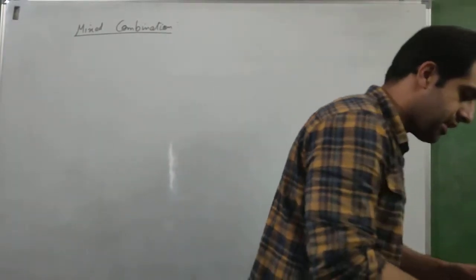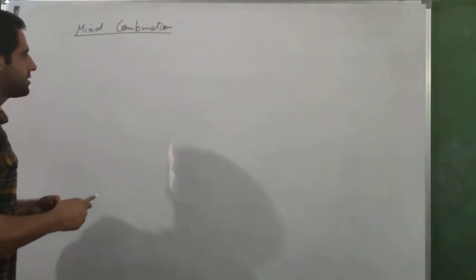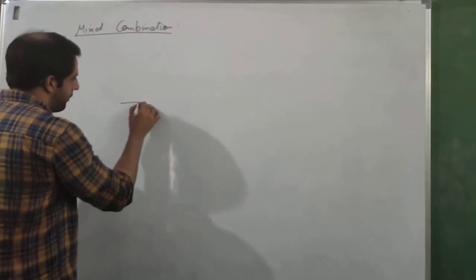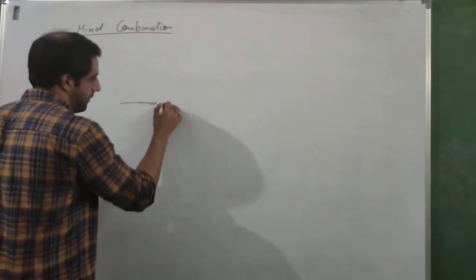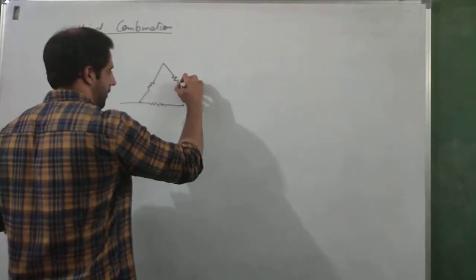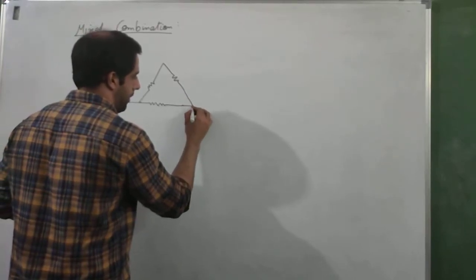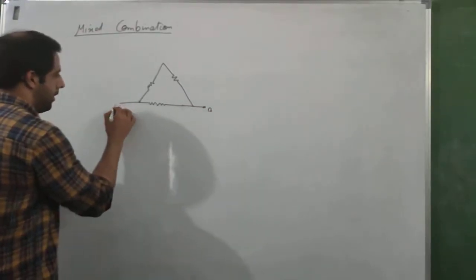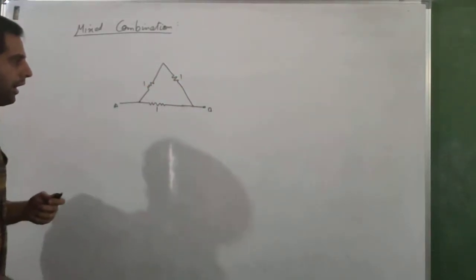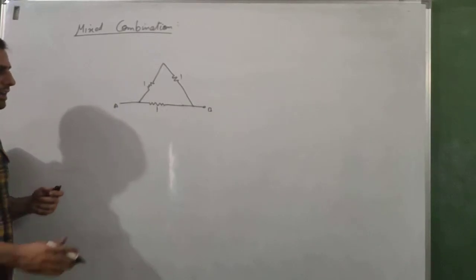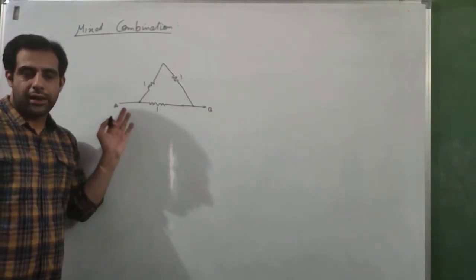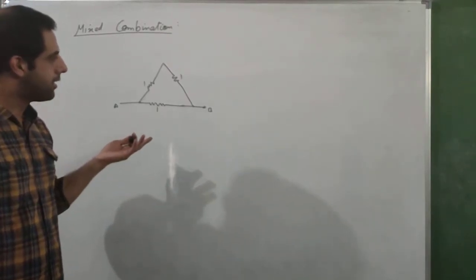Let us take one more example. Let us say that we have it in the form of a triangle, and we have 1 ohm, 1 ohm and 1 ohm, and we have to find the R equivalent between the terminals A and B. Now at first glance this will look a bit complicated, but actually it is not.